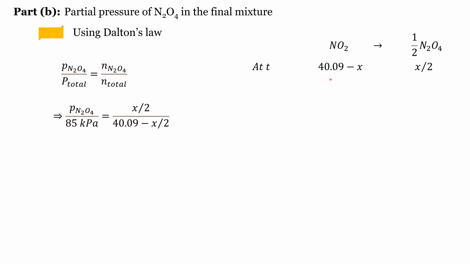Now from this equation we can write the total pressure at equilibrium. It is already given in the problem that the equilibrium pressure after association is 85 kilopascal. And what is the moles of N2O4 after association?